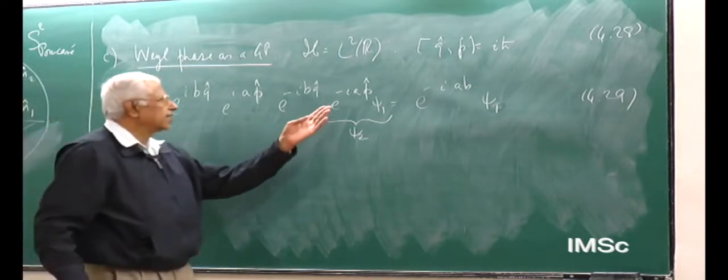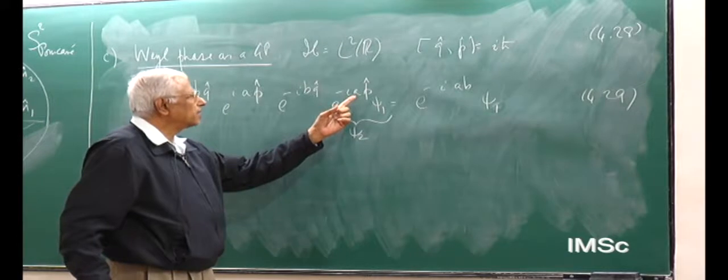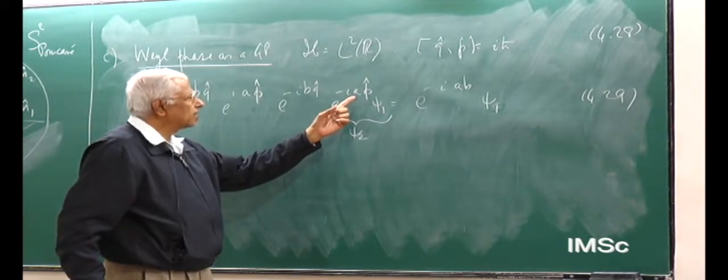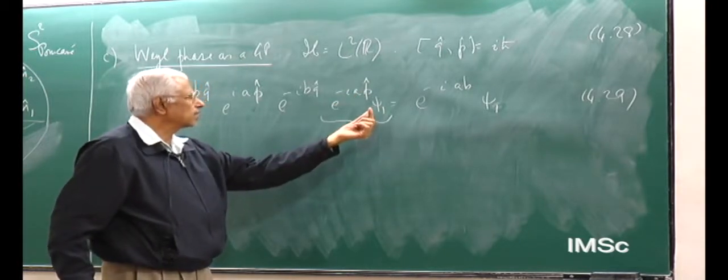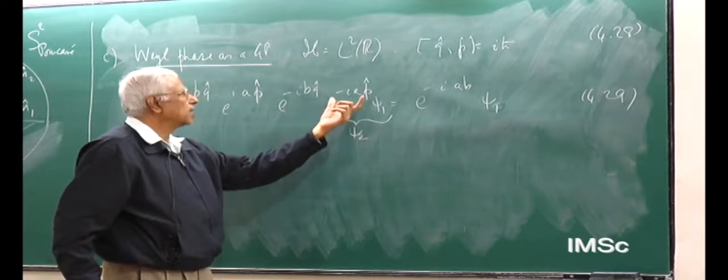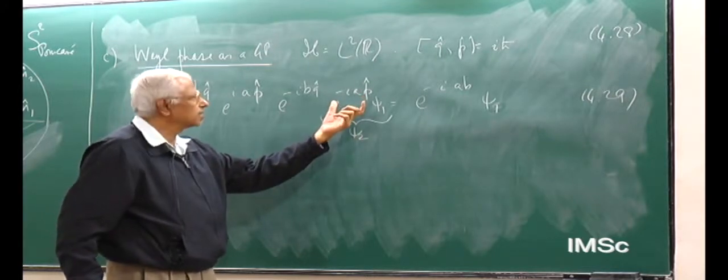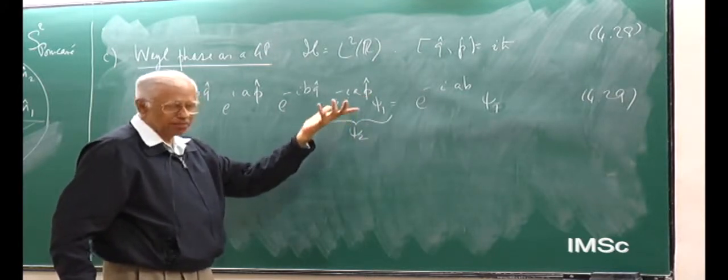What I mean is, you put in a parameter s and let it run from s equal to 0 to s equal to a, whatever the a is. So you have gone from a vector psi 1 to a vector psi 2 by Schrodinger evolution. The Hamiltonian is the momentum operator.